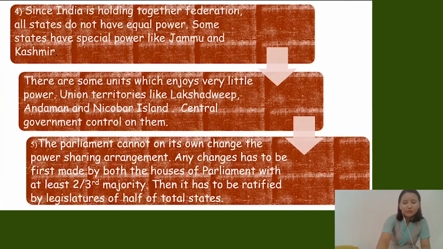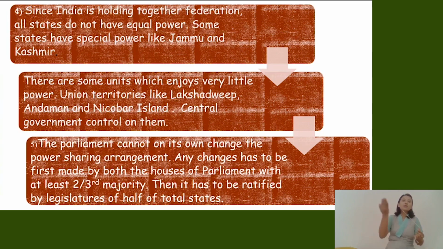So that is all about the division of power between the central government and the state government by the Constitution of India. The fourth feature is that India is a holding together federation. In the earlier classes we discussed two routes of federation, that is holding together and coming together. India is a holding together federation because in India the state governments are not all equally powerful.